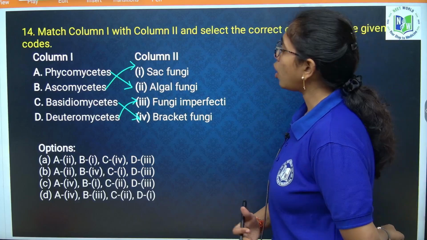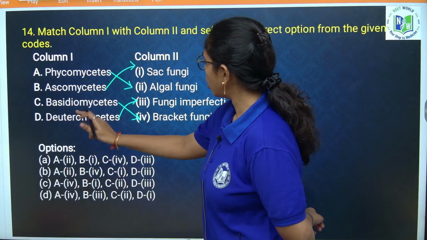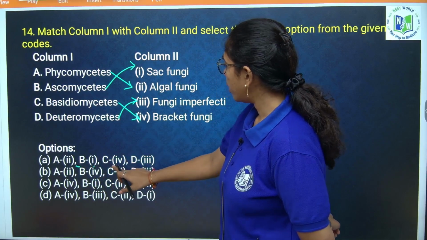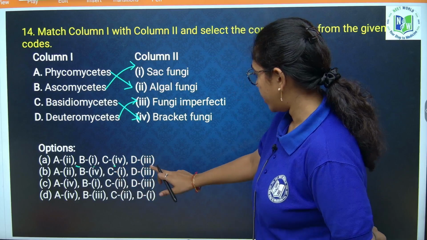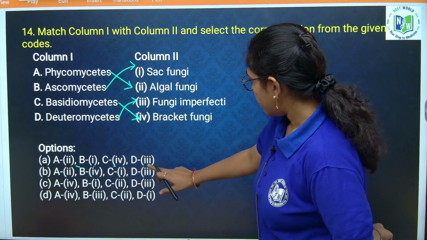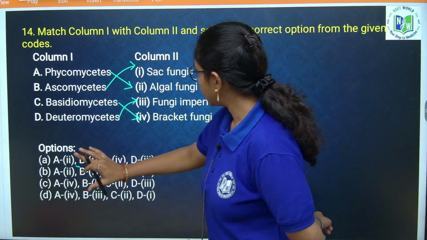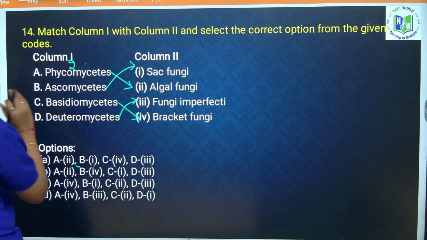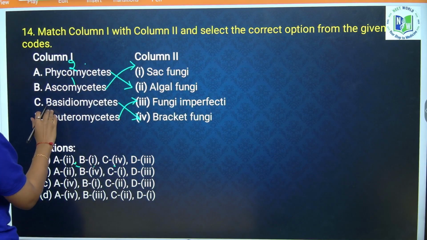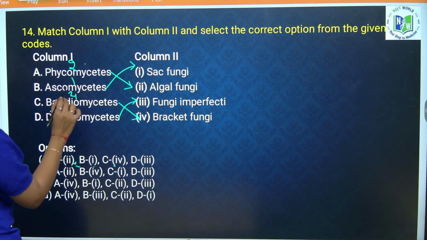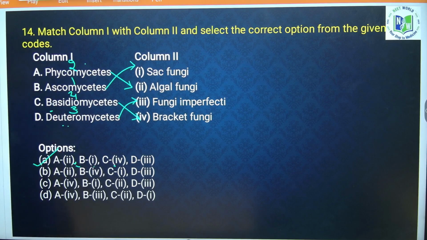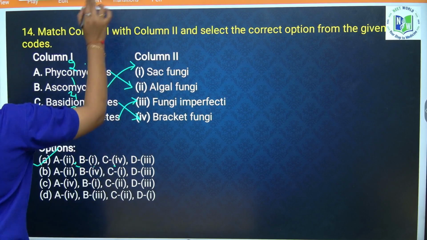If you look into the options, A is 2, B 1, C 4, D 3. Once again we will see: A2, B1, C4, D3. Yes. So, A is the correct answer. Next question.